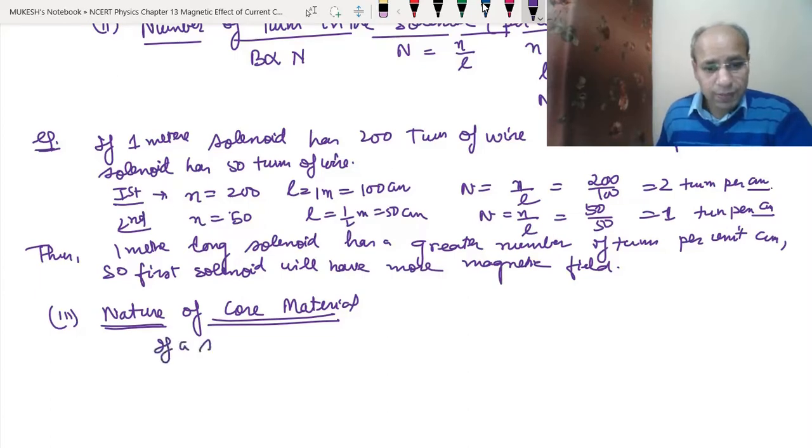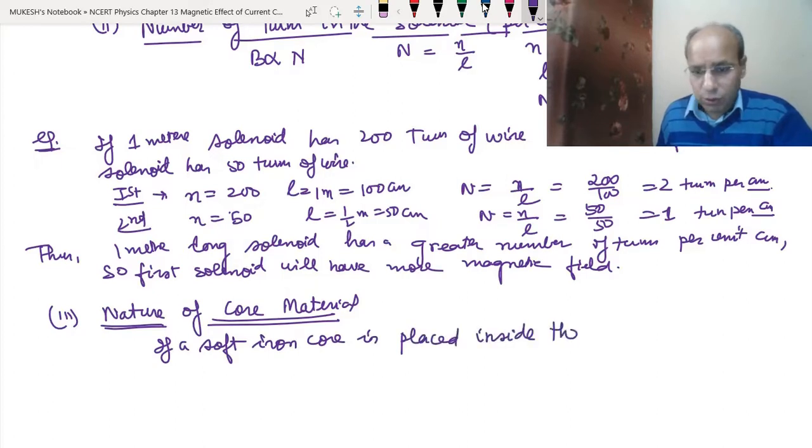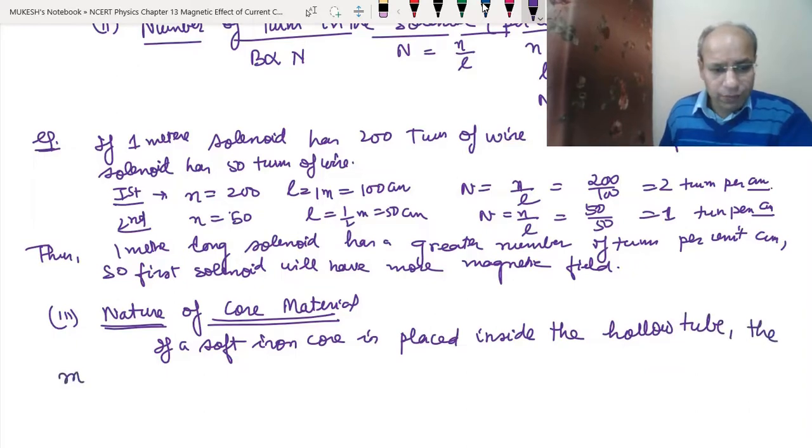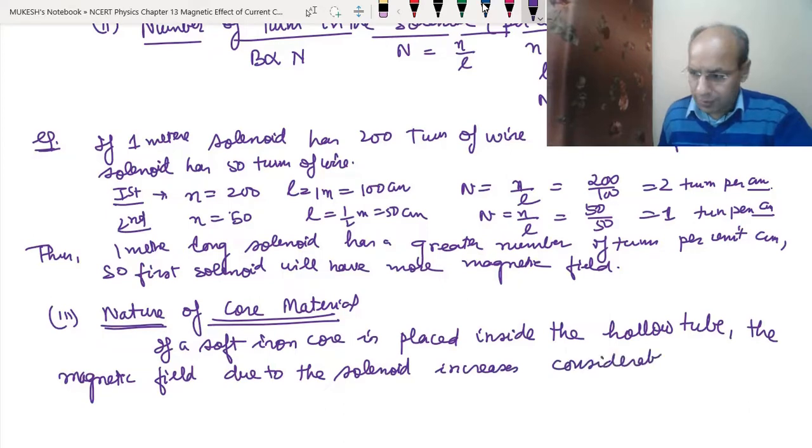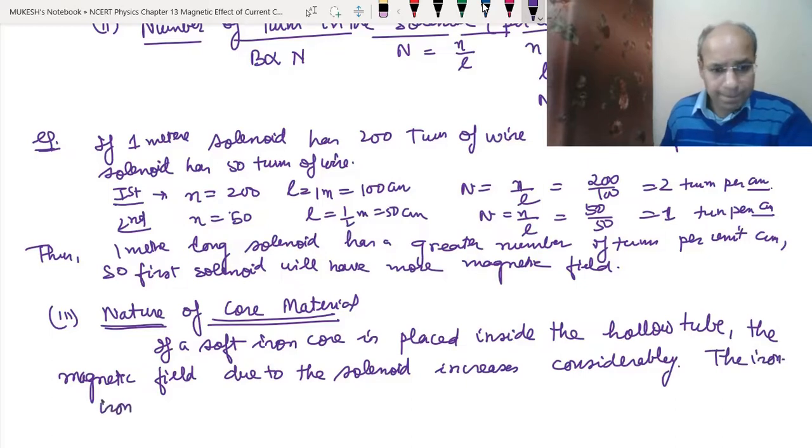So if a soft iron core is placed inside the hollow tube, the magnetic field due to the solenoid increases considerably. And what do we call this iron rod? Core. The iron rod is called core.